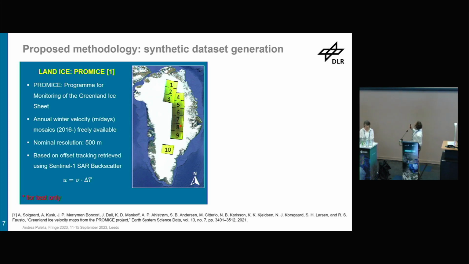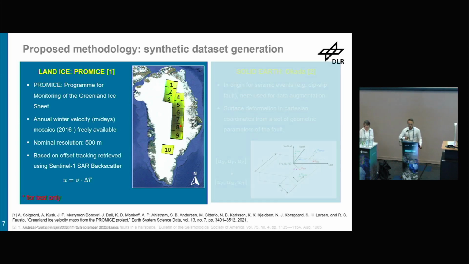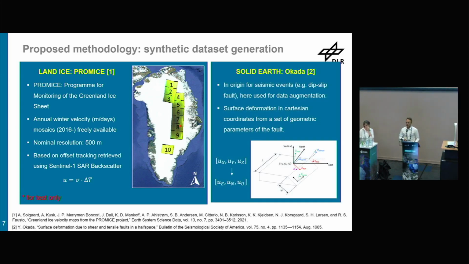Basically, as you can see, we did a backgeocoding of this deformation on some footprints, of this SLC acquisition. We selected 9 out of 10 of them for the training. We also added additional information just for data augmentation.